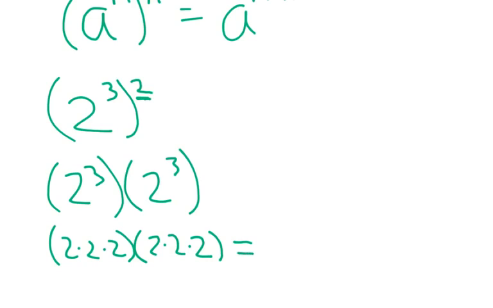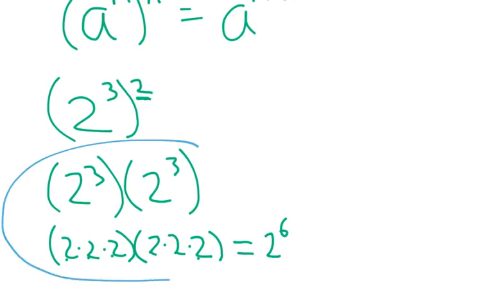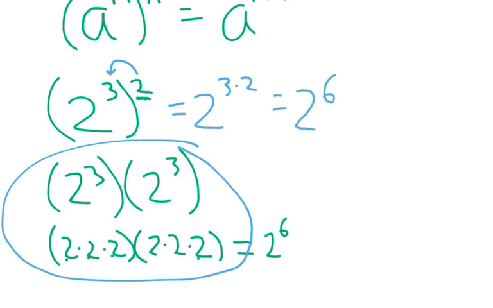And then we count. How many 2's do we have? 1, 2, 3, 4, 5, 6. 2 to the 6th. Well, we could avoid all this work if we simply multiply these together. 2 to the 3 times 2, which is 2 to the 6th. And so that's the power rule.